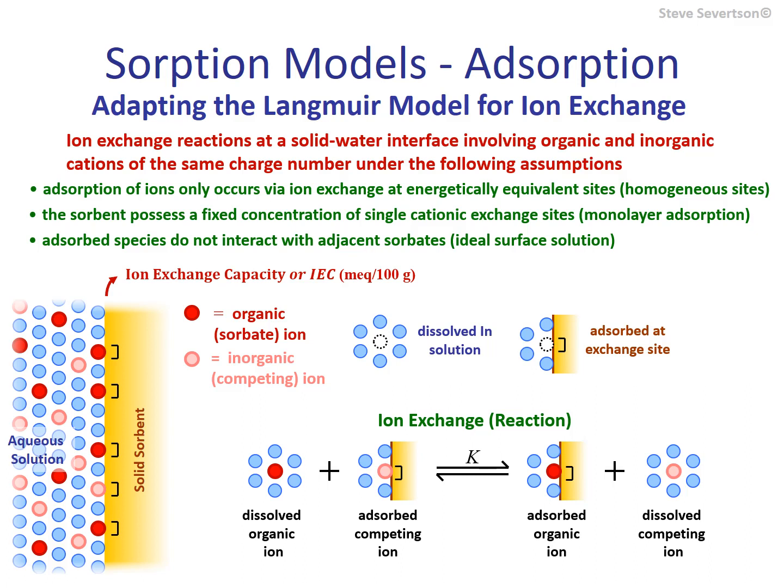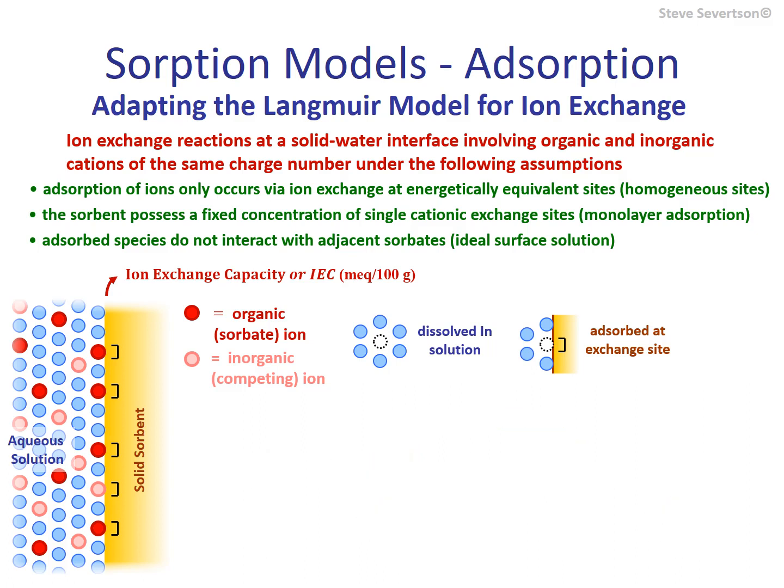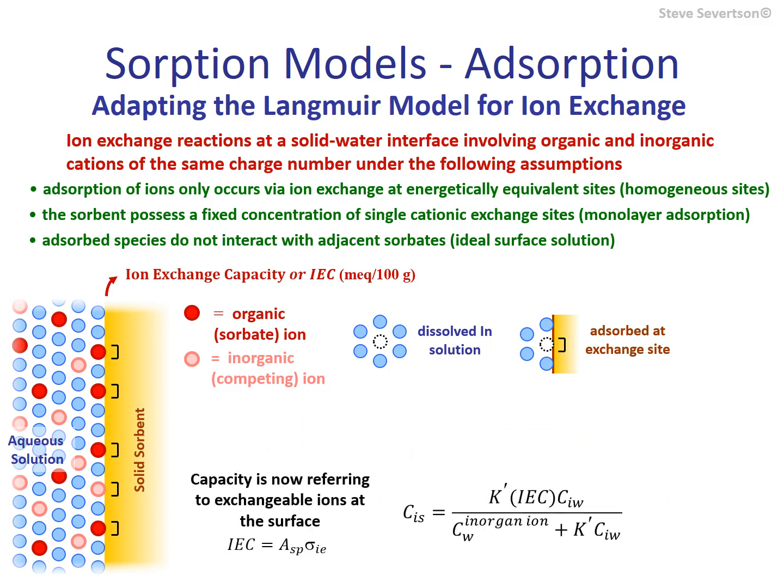With these assumptions, we arrive at a form of the isotherm equation for the ion exchange reaction that appears to be problematic because it involves the solution phase concentrations for both of the competing ions. An approximate approach sometimes used for handling this argues that the following form is arrived at when the organic ion is at infinite dilution and the pseudo-equilibrium constant is defined as follows, and that this form of the equation holds for high organic ion concentrations relative to the concentration of the inorganic ion.